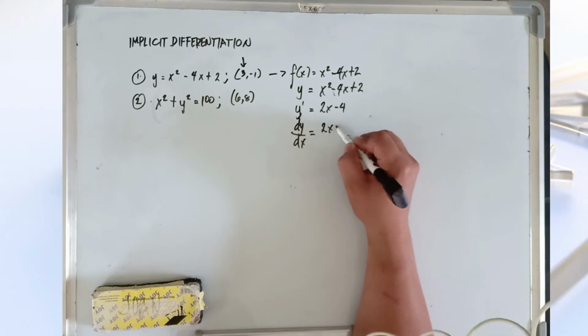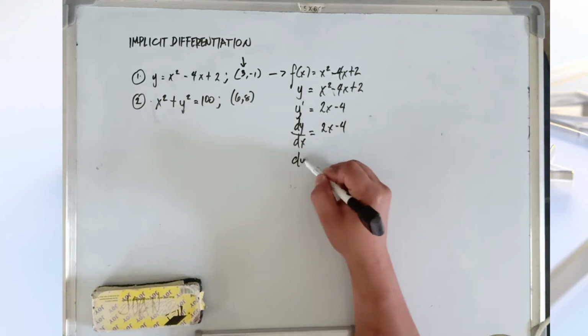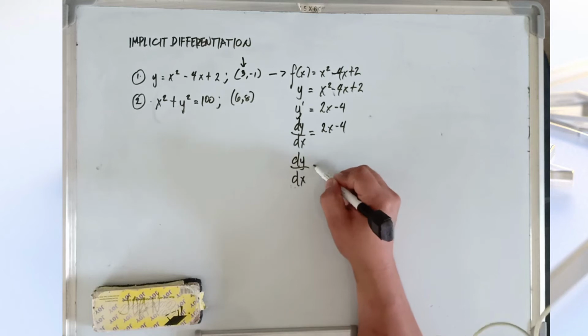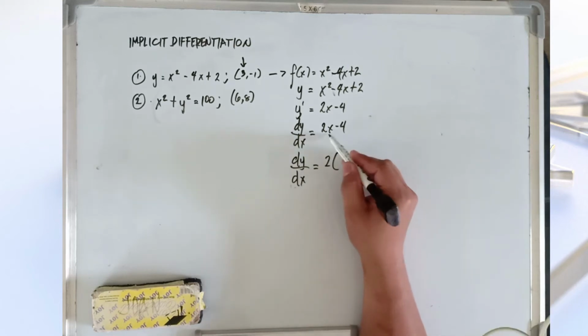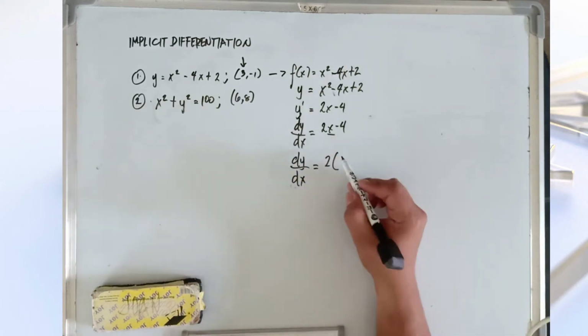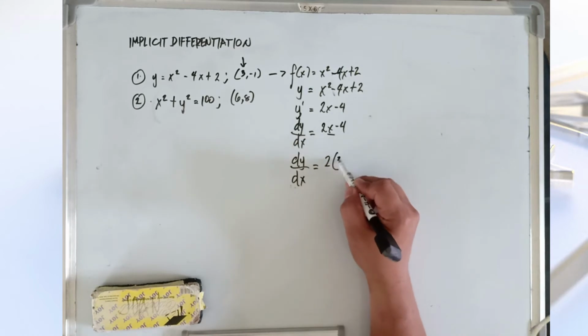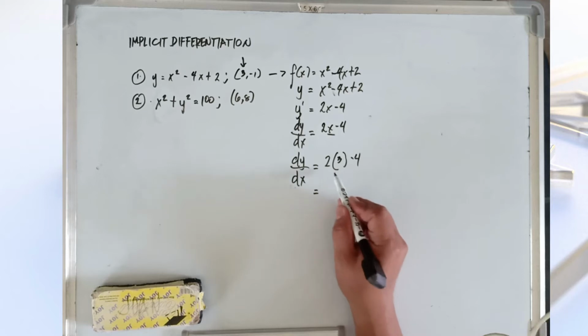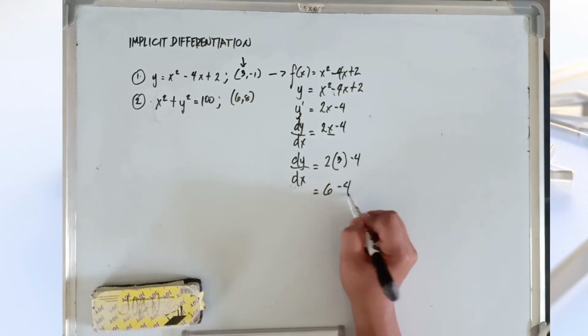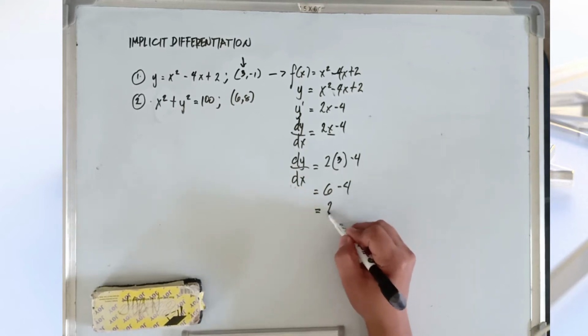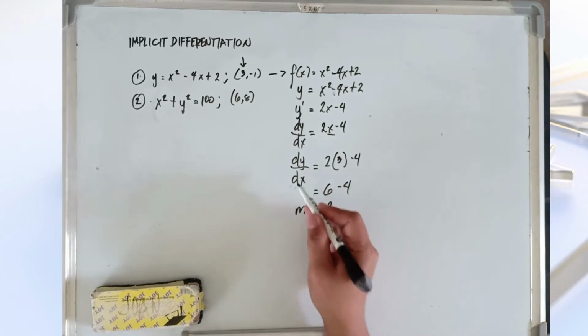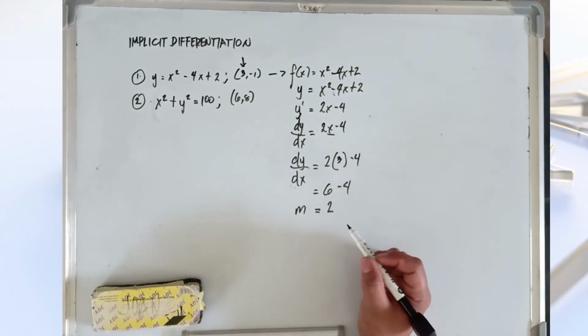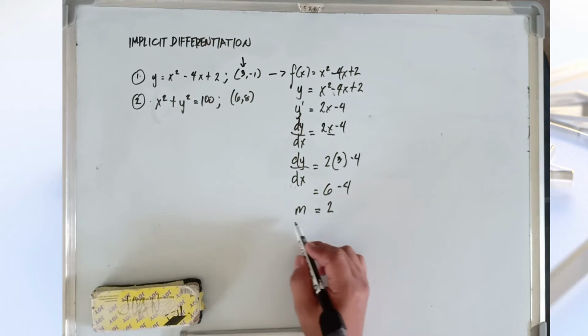So we have 2x minus 4, and the slope dy over dx is equal to 2 times 3, which is 6, minus 4, is equal to 2. So I could rewrite that as dy over dx because by definition, that is also the slope.